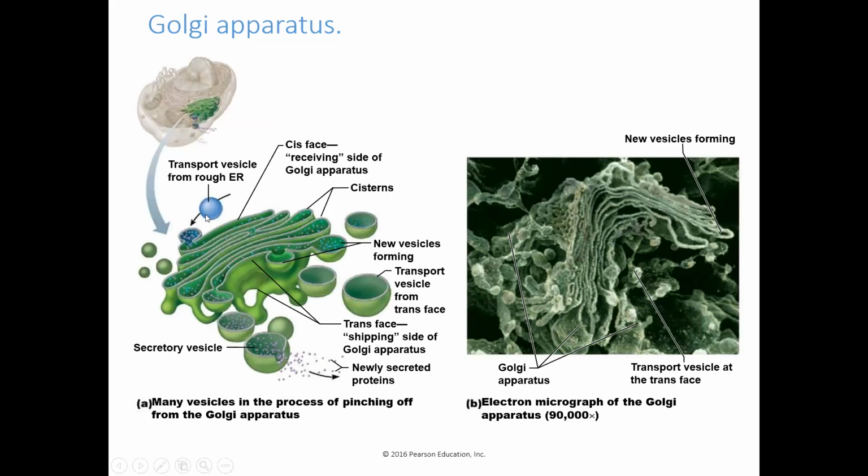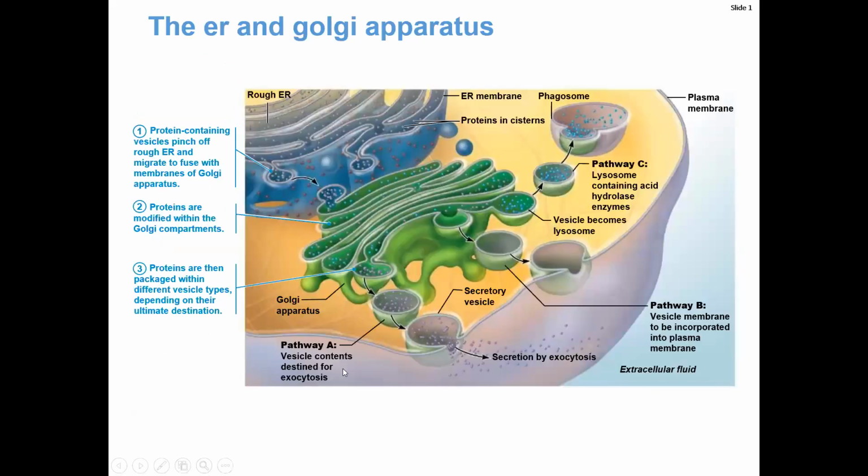Here comes our transport vesicle from the ER, from the rough ER, containing a mixture of proteins. And as those proteins work their way through here, they are sorted out into their own vesicles, and then they can be released as all hemoglobin at one time, or all hair color or eye color or whatever at one time.